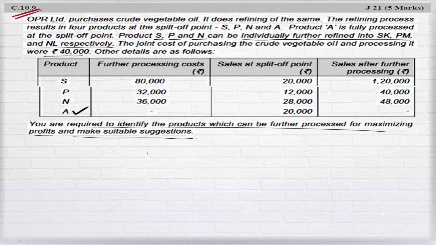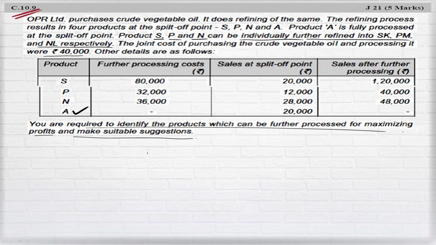See, when you are studying at CA level, you should answer what is asked and you should not answer what you know. I know how to distribute the joint cost. I can do it in units method, and I can do it in NRV method also. But they are not asking us to distribute the joint cost.